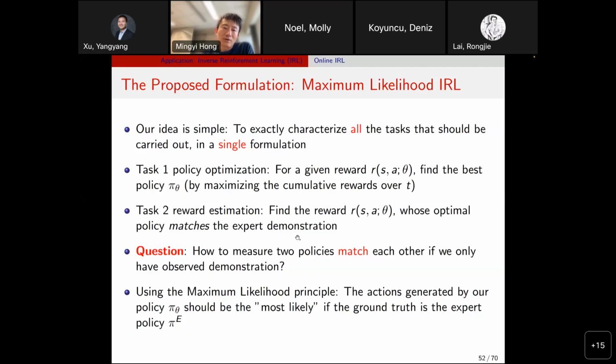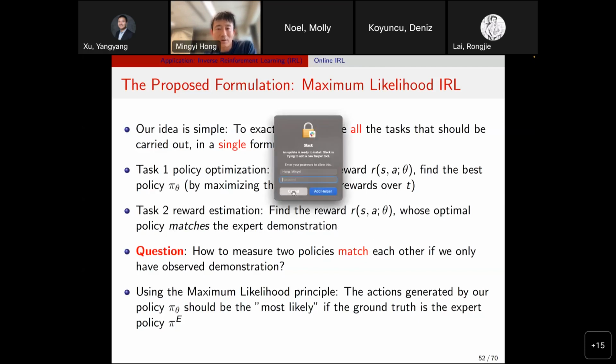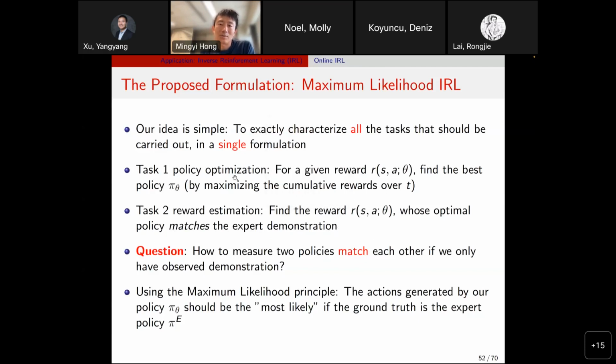You see you have two problems coupled together, but our main problem is task 2, which is trying to find the reward. Policy optimization here is just to help me find a policy that guides me to find a reward. So this is the major problem, and this is the minor or auxiliary problem.